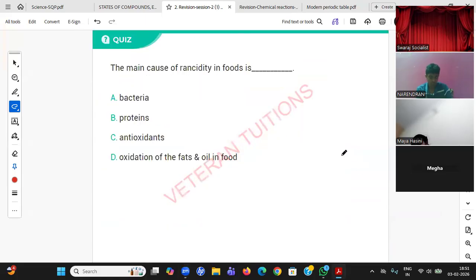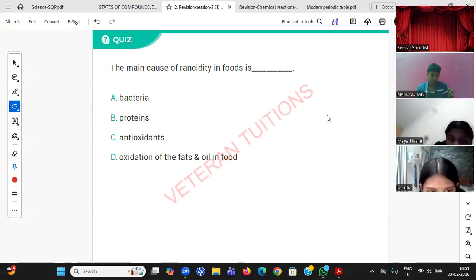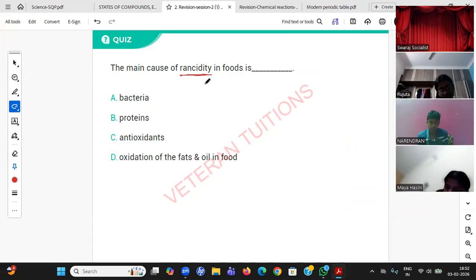The main cause of rancidity in foods is... Even though you all are right about bacteria, when I discuss rancidity, I just spoke about oxidation of fats and oil.